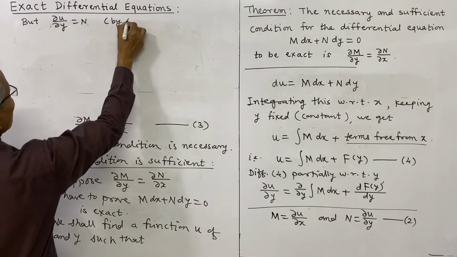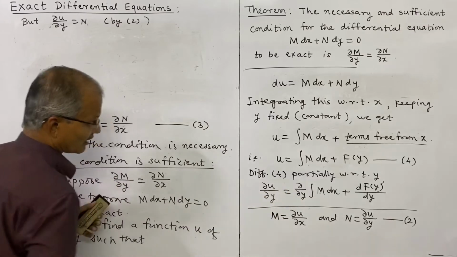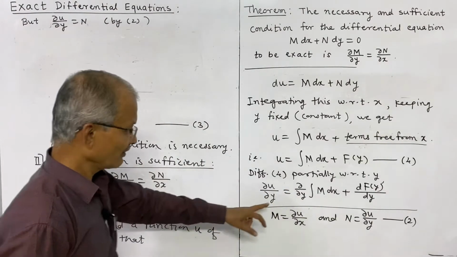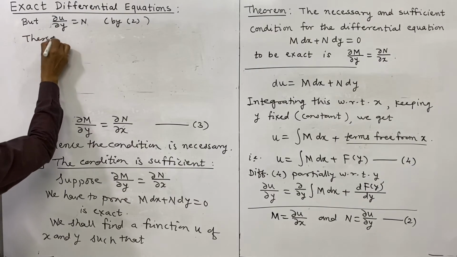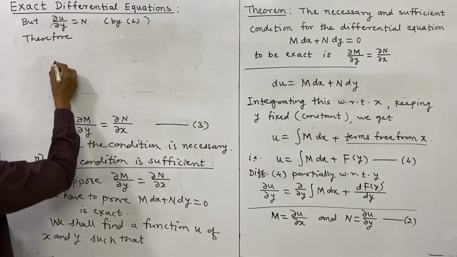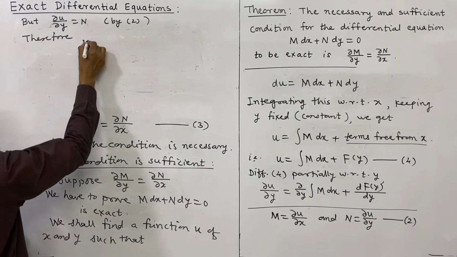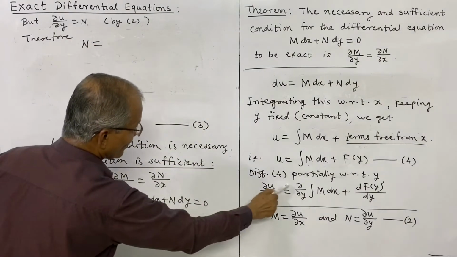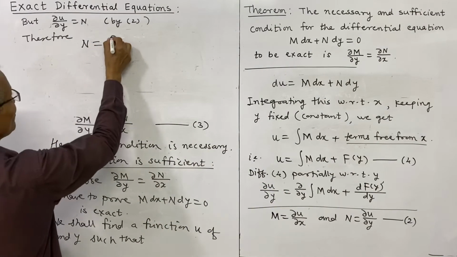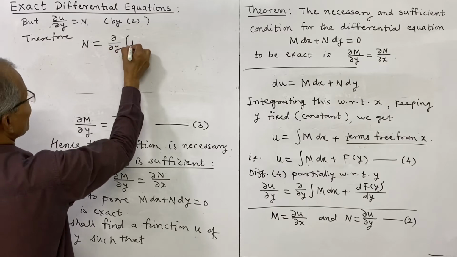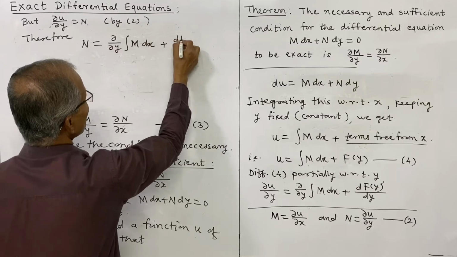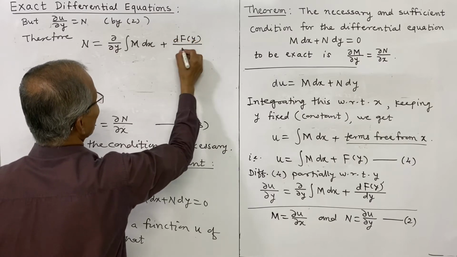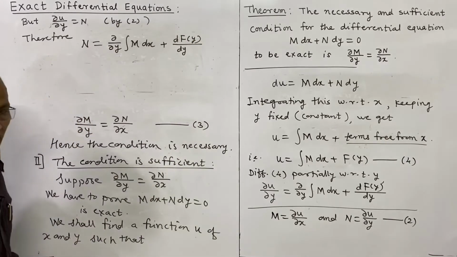This is by 2 from the second relation, and therefore the equation becomes n, the left side n, is equal to dou by dou y of integral m dx plus d by dy of capital F of y.